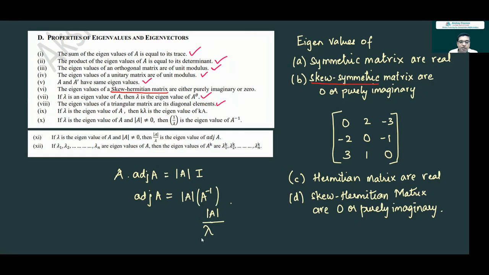So determinant A by lambda will be the eigenvalue of adjoint A. So simple objective questions can come from this.